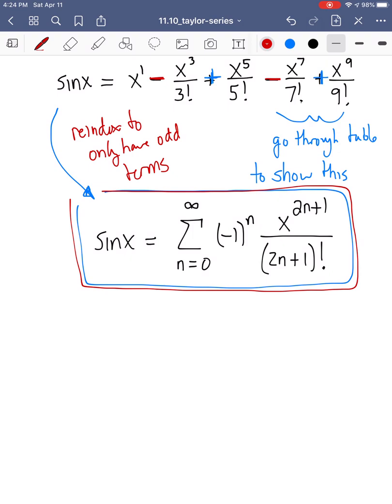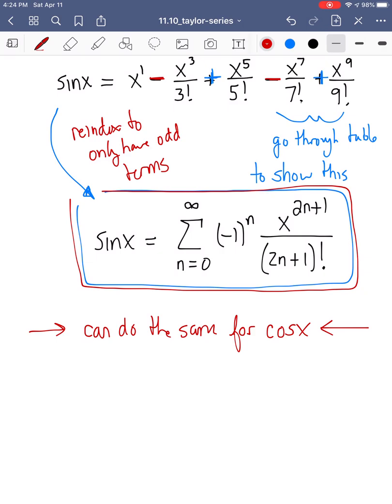And well, we can do the same exact process for cosine. Except, you might guess, if sine has all the odd terms, cosine captures all of the even terms. So we're not going to go through it here, but it's a very nice exercise.